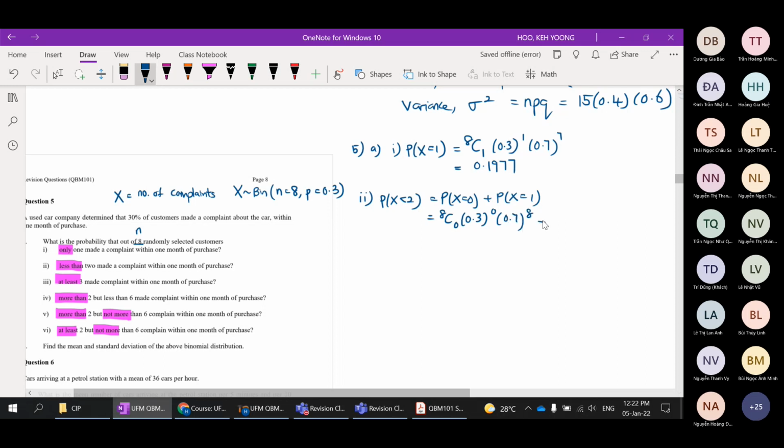This is for x equals 0, then this is for x equals 1. Later I will skip these steps. You look at the formulas and substitute according to the x value. Press your calculator. The probability of less than 2 making a complaint is 0.2553.